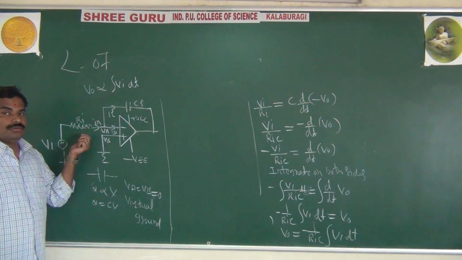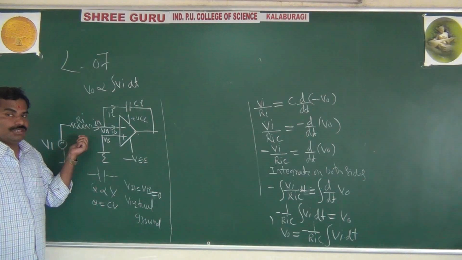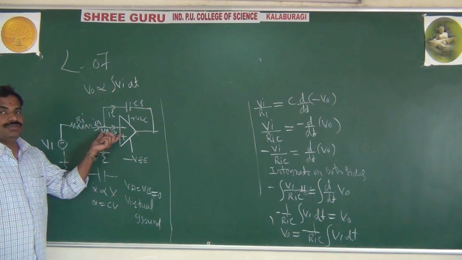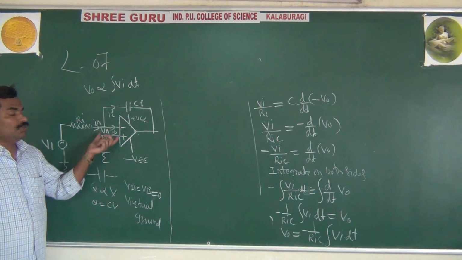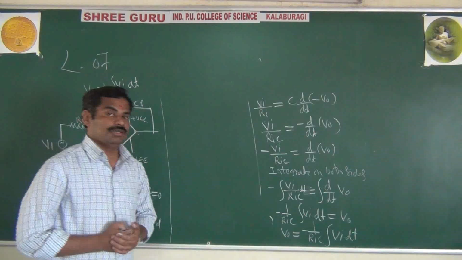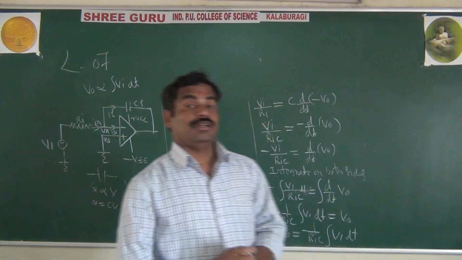It is called low pass filter. If the capacitor is at the input side, that becomes high pass filter. The integrator is used in wave shaping, it is used in analog converters, also it is used as a low pass filter. Differentiator, it is used as high pass filter, it is used as wave shaping, also it is used as analog converters.